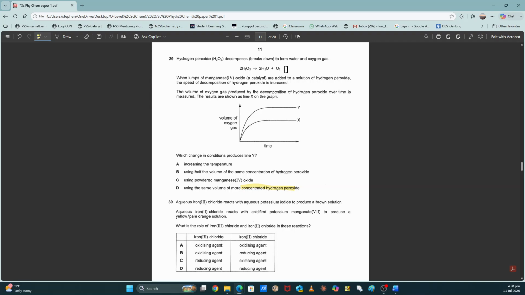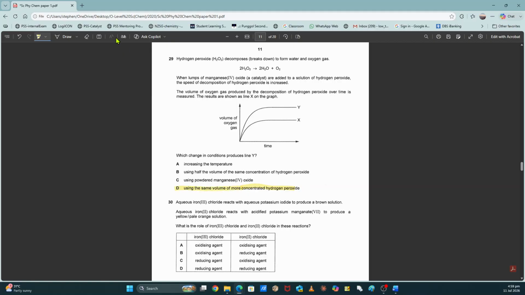Right? 2 is to 1. So whenever this is doubled, you get more oxygen. If you use half the volume, same concentration, you should get less, right? You should get less because you have fewer moles.